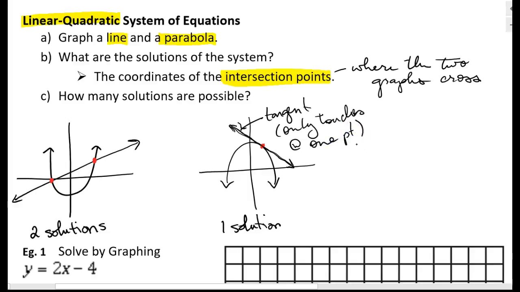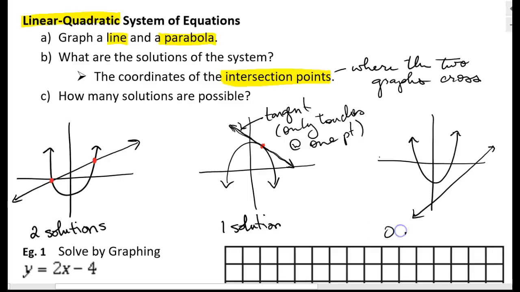Okay. We also have a possibility where our parabola and our line are actually never going to cross. There are no solutions.